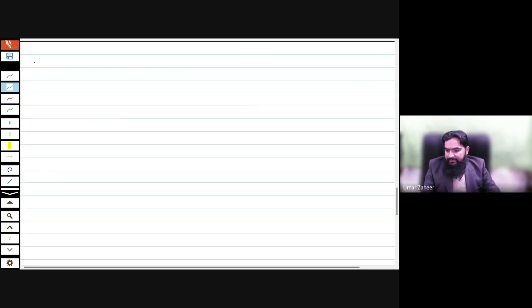So let's say it is given that it is a triangle, and the sides are 2 and 3. You have to find the hypotenuse. It is a 90-degree angle, so obviously it is going to be the hypotenuse.